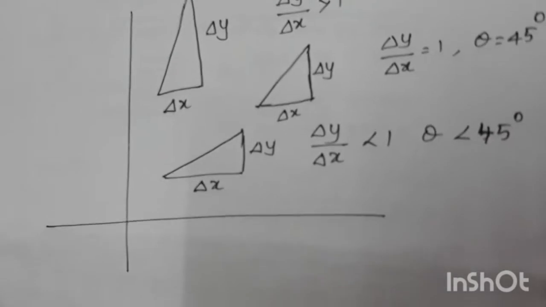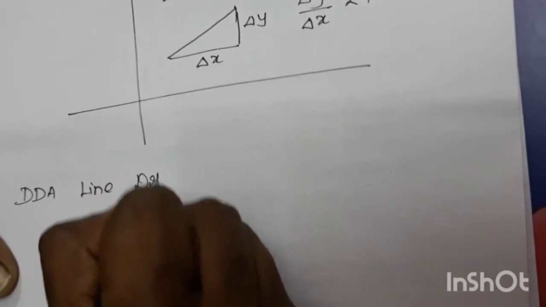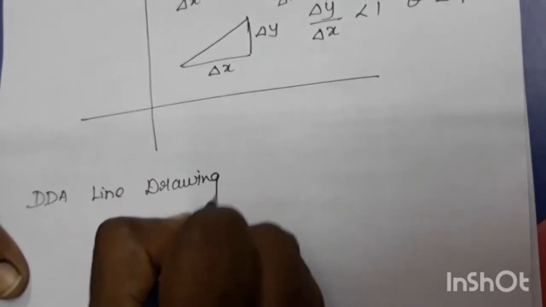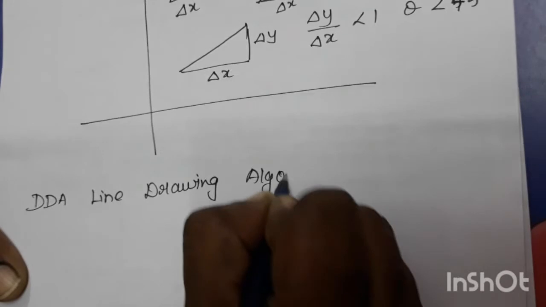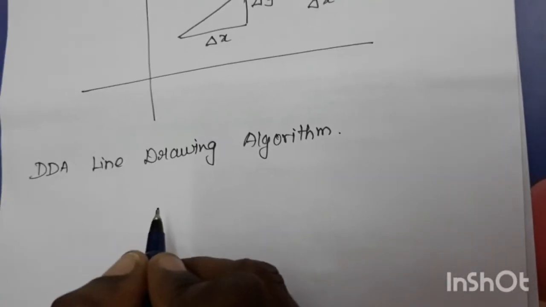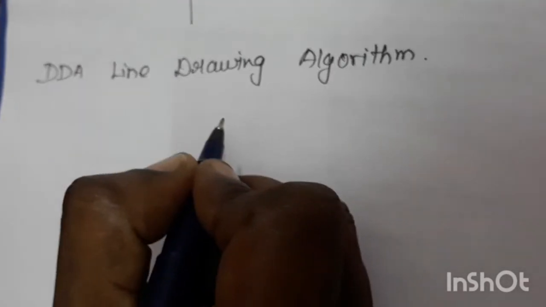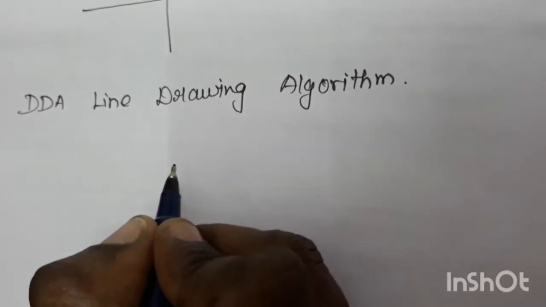Now we'll move on to the DDA line drawing algorithm. The DDA line drawing algorithm is called digital differential analyzer.